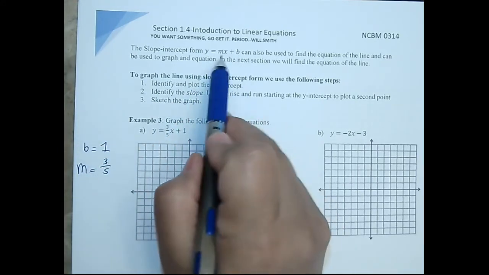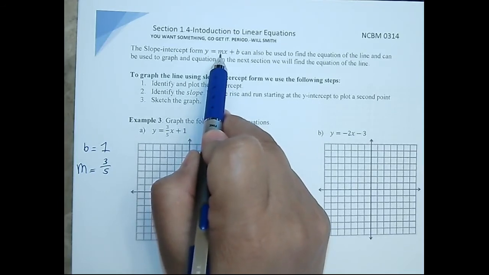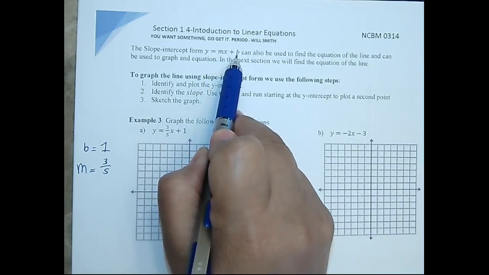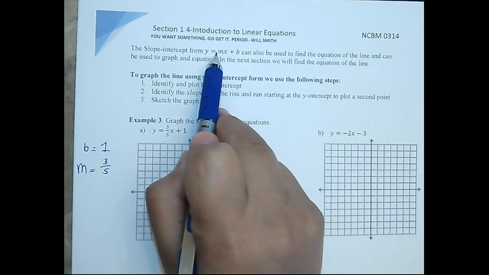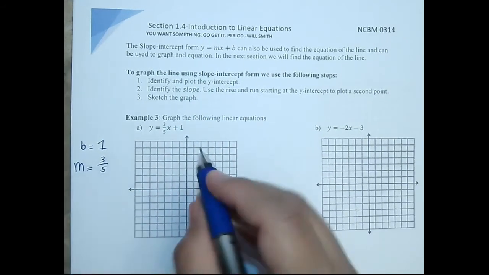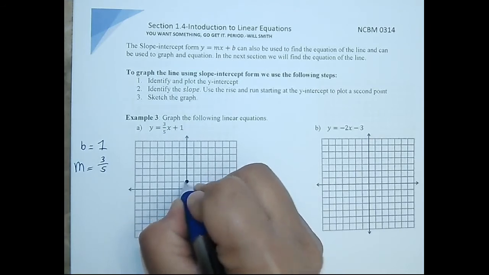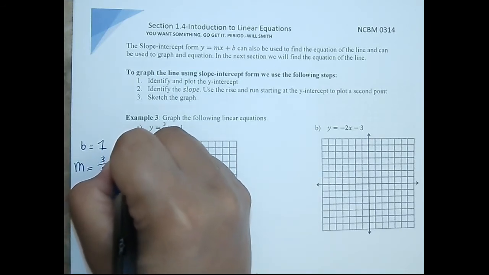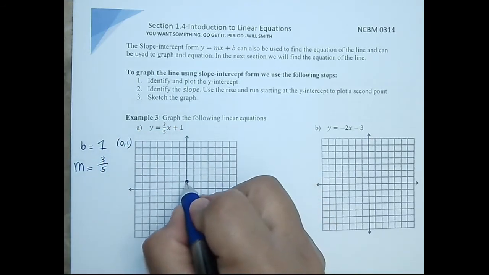So remember that your slope is the number in front of x and your y-intercept is the b. And this is if the line is written in this form. Okay, so my y-intercept is at 1. So remember, this is an ordered pair, 0, 1.